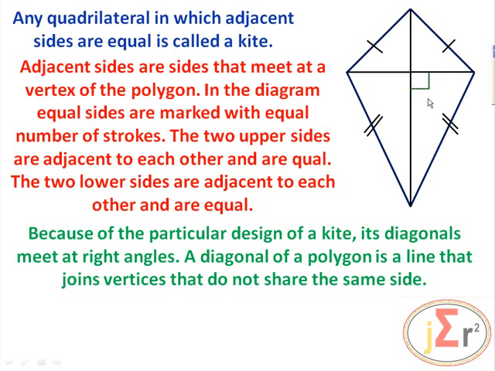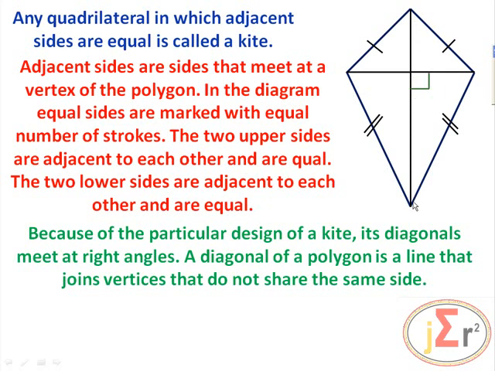So if we want a diagonal, we have what? This vertex has these two lines, and this vertex has these two lines.